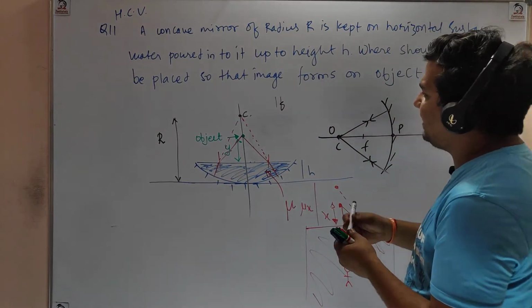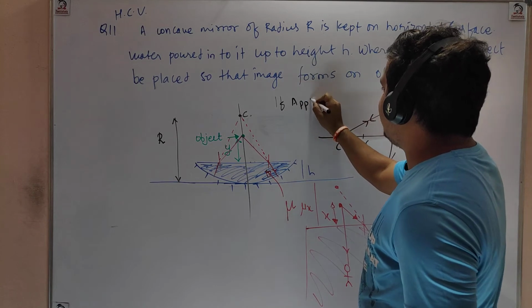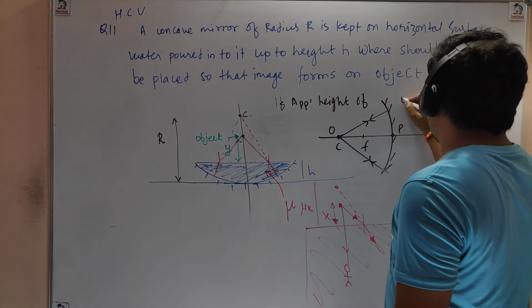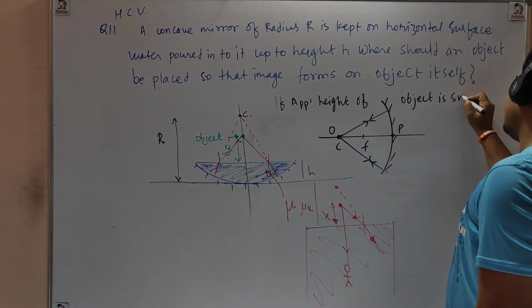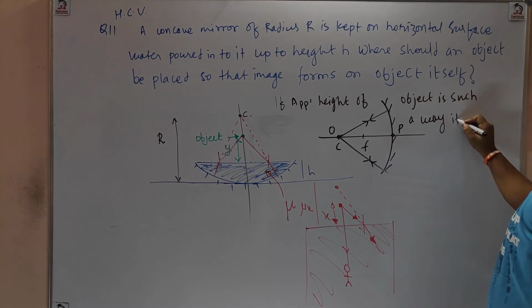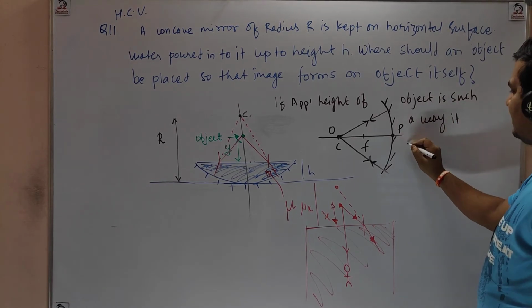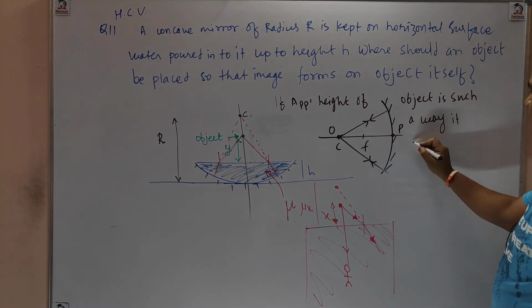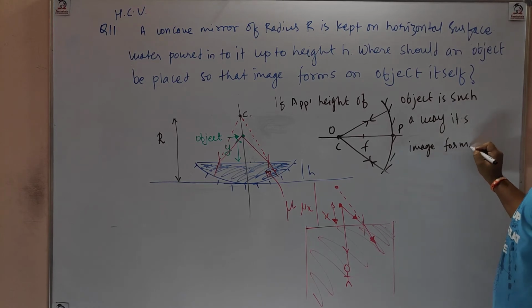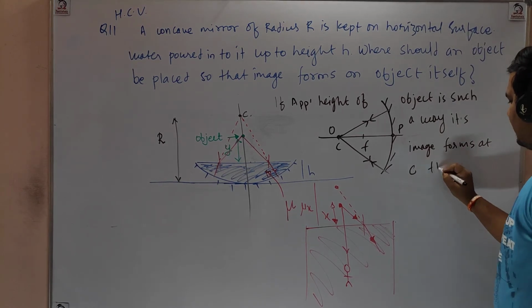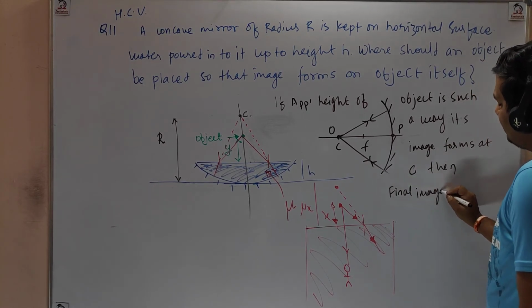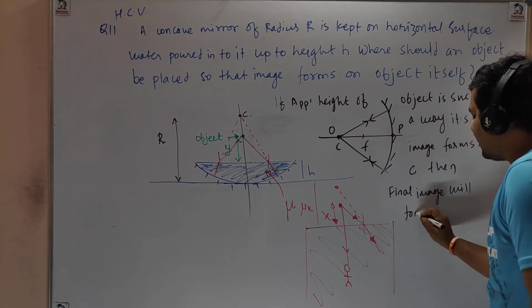Let's write: if the apparent height of the object is such that its image forms at C, then the final image will form on the object itself.